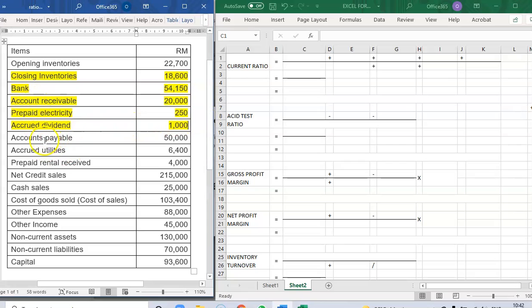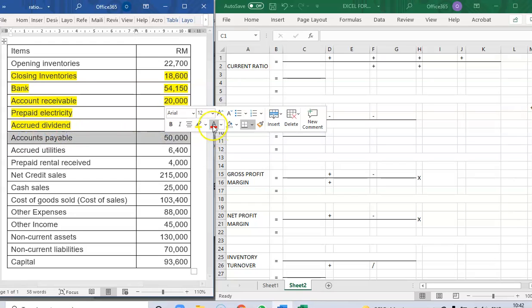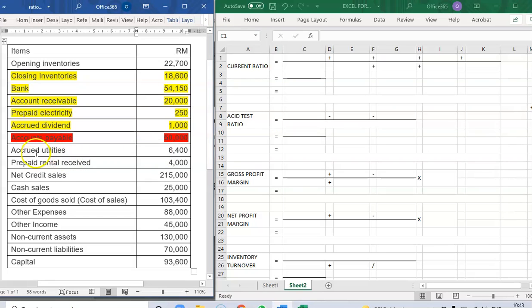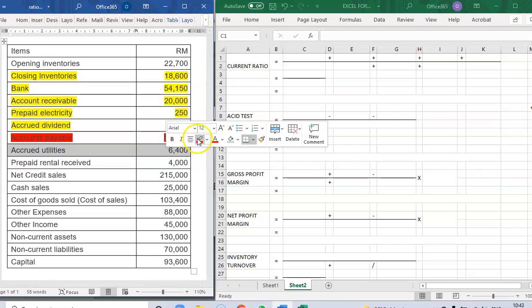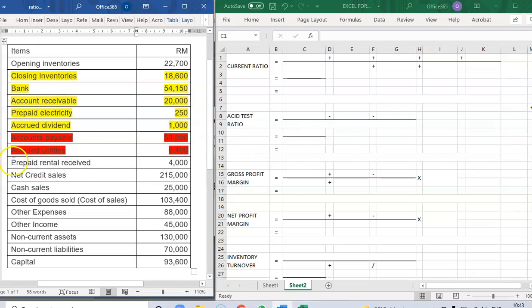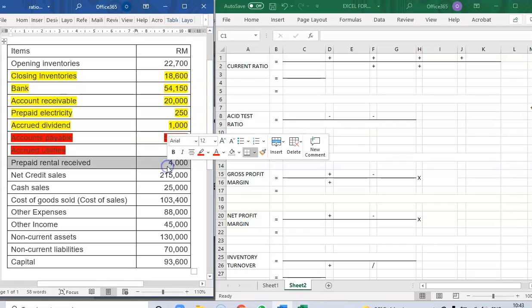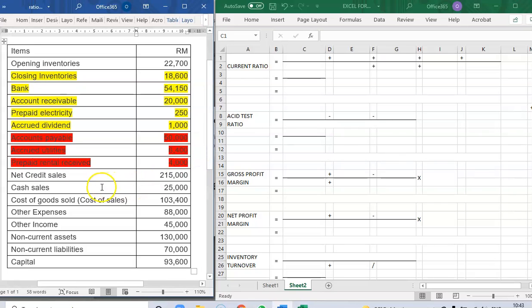Account payables, however, are not a current asset, because account payables are a current liability. So let's say we use another color. Account payable and accrued utilities, which is an accrued expense, are also a current liability, and prepaid rental receipt is also a current liability.